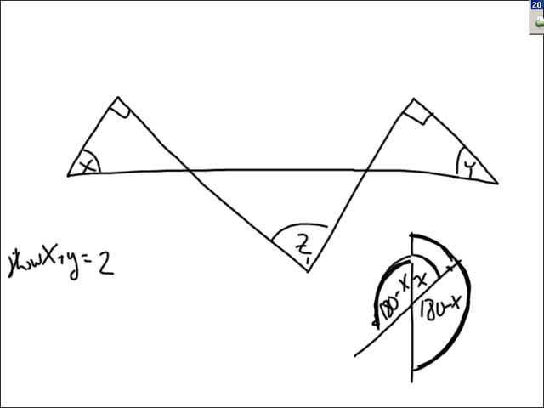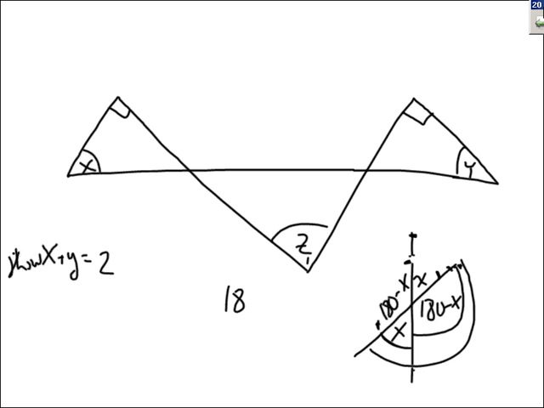Okay, let's erase some of this. Okay, so now let us consider this angle. It's 180. Well, if this piece is 180 minus x, then this little piece must be x.